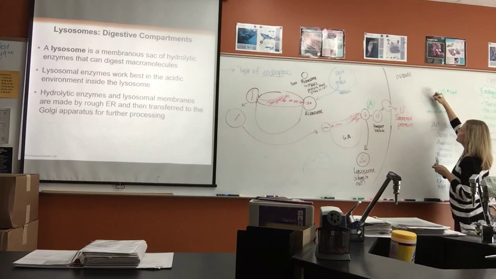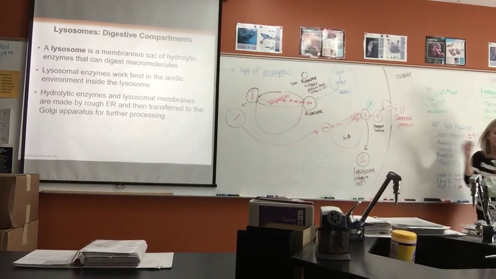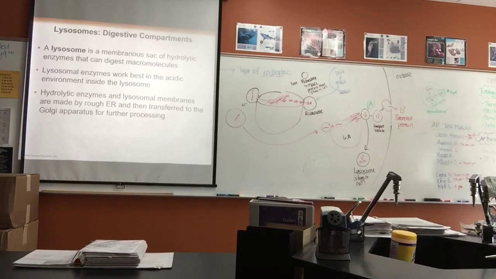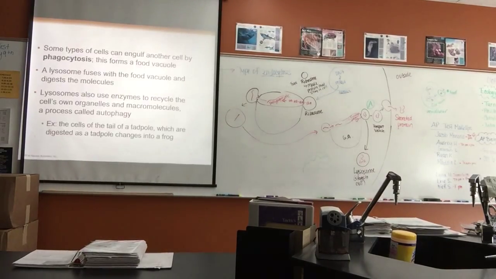These lysosomes that have digestive enzymes fuse with this membrane and dump their enzymes and mix the enzymes with the food, and then the enzymes digest the food just like our enzymes digest our food. So that's another example of what the lysosome can do in unicellular organisms. So that's what this page is all about.